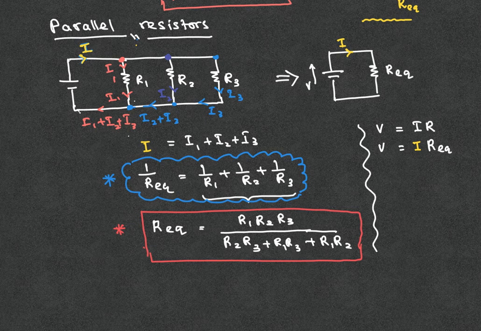Now since we know R equivalent from the equation that I boxed in red, you can find I equals V divided by R equivalent, and using this you can find the current in the main circuit.